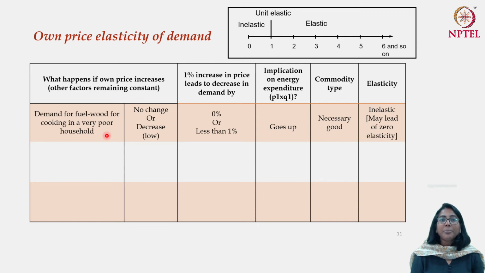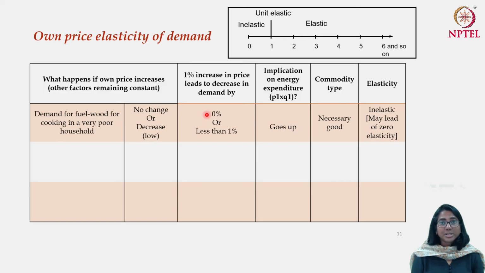So if they stop using fuel wood because the price has increased, they can't move on to, for example, LPG. So that option is not available. So even if there is a change in price, you can assume there is hardly any change in the demand for fuel wood in this poor household for cooking. So what is the impact on demand if there is a 1% change in price? You can think that the change in demand is almost zero.